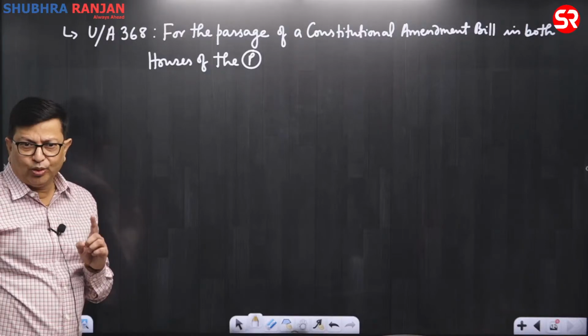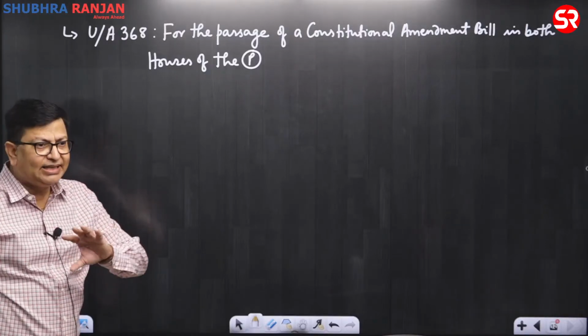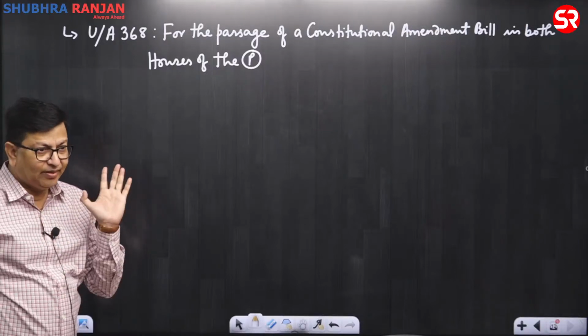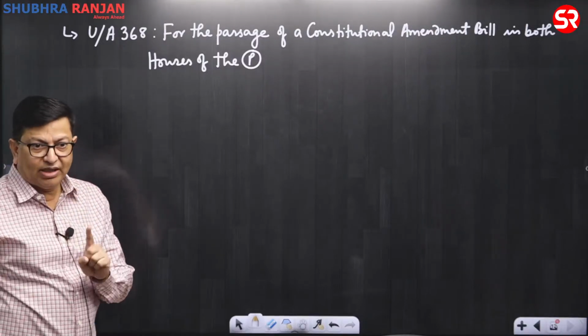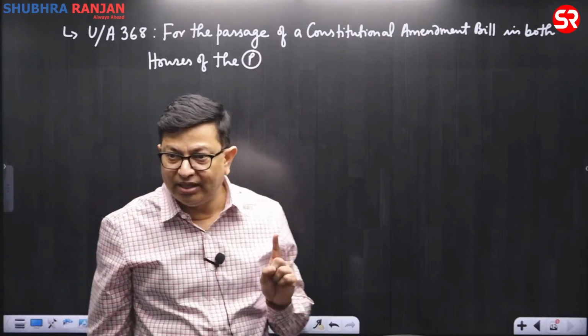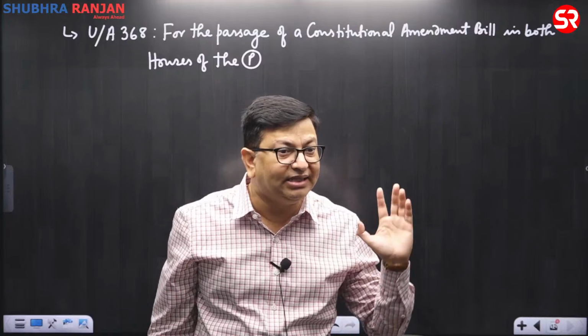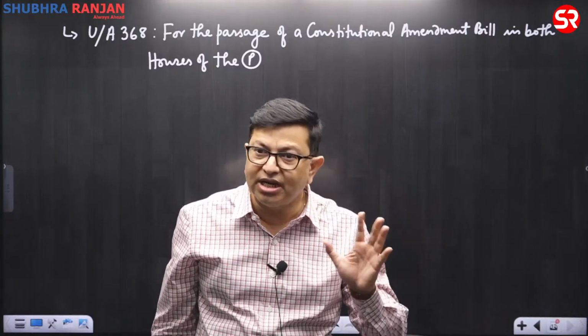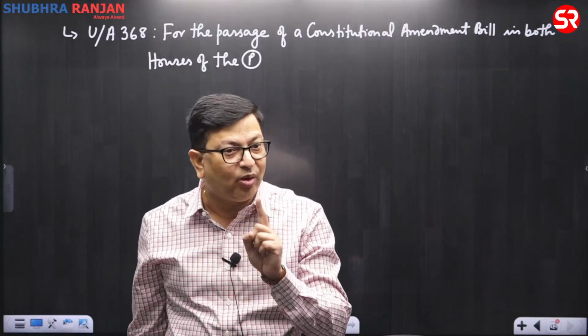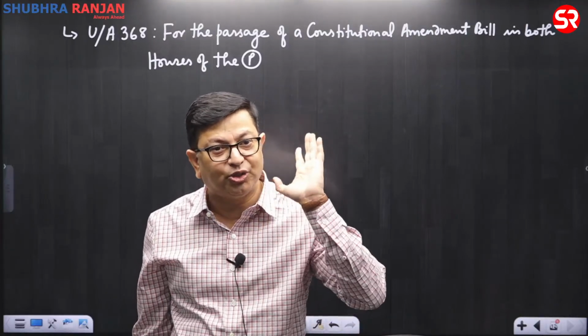So, when we say in both the houses of the parliament, it means sitting separately in the Lok Sabha as well as in the Rajya Sabha. So, if the Lok Sabha passes the bill by this majority and the Rajya Sabha does not pass the bill by this majority, the constitutional amendment will not take place. So, this majority is required for the amendment of the constitution.